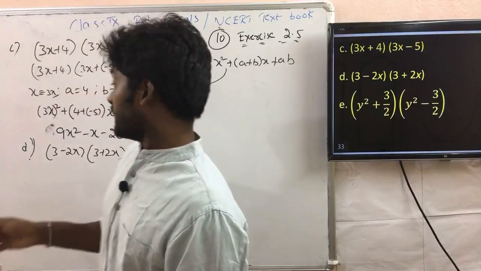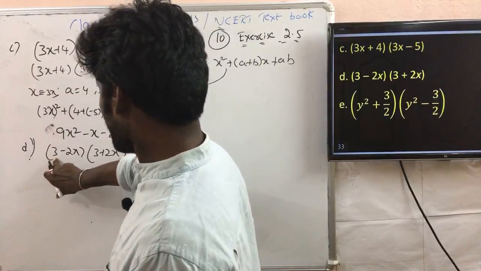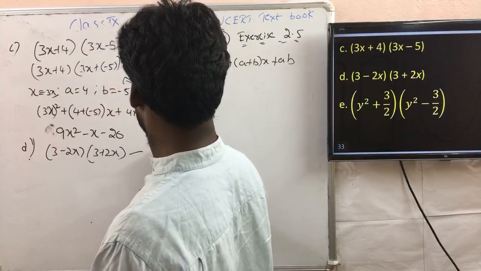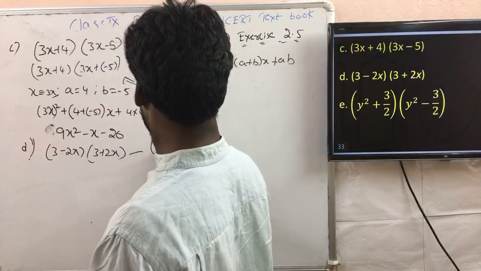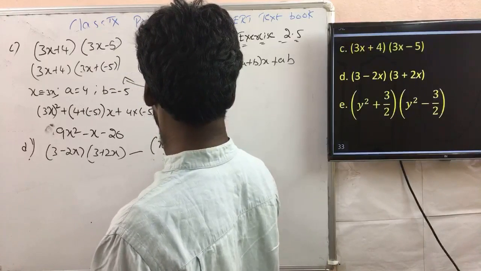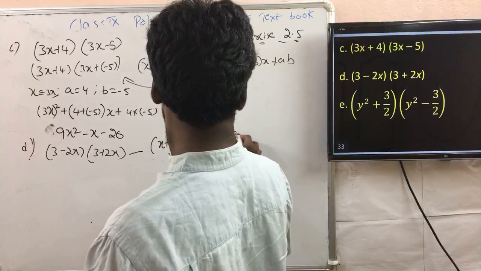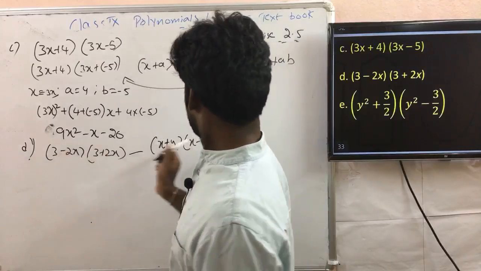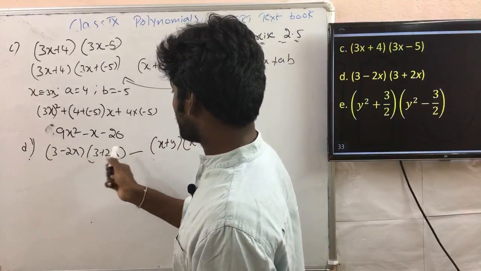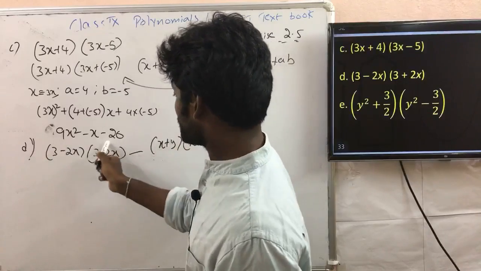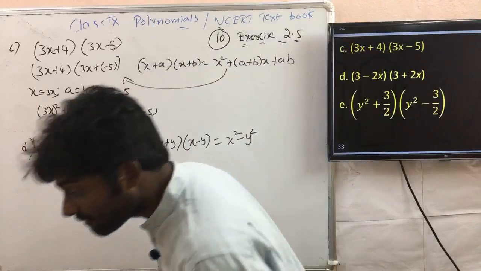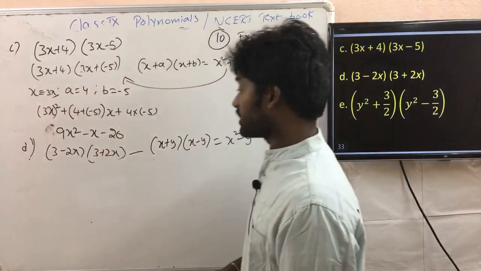Observe carefully which form it is. a minus b into a plus b, that is nothing but x plus y into x minus y, which equals x square minus y square. Observe carefully. x minus y into x plus y, where x equals 3, y equals 2x. The answer is 9 minus 4x square. Very good, Shivam.